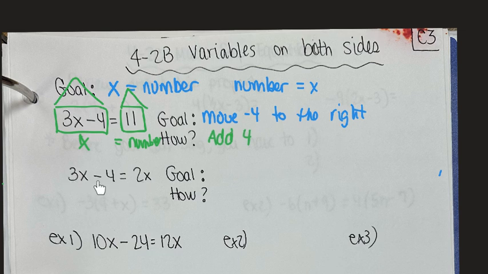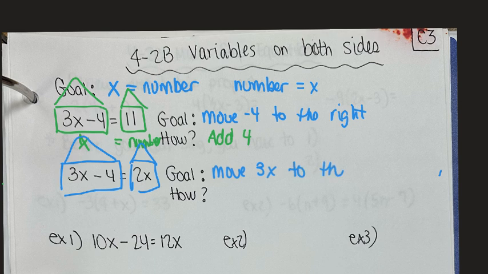Okay, now let's look at this equation. In the left house, I have x's and numbers. In the house on the right, I have x's. So I need all of my x's to live together. That means I need to move these x's to live in this house so that this house is full of x's and this house is full of numbers. So my goal is to move the 3x to the right.